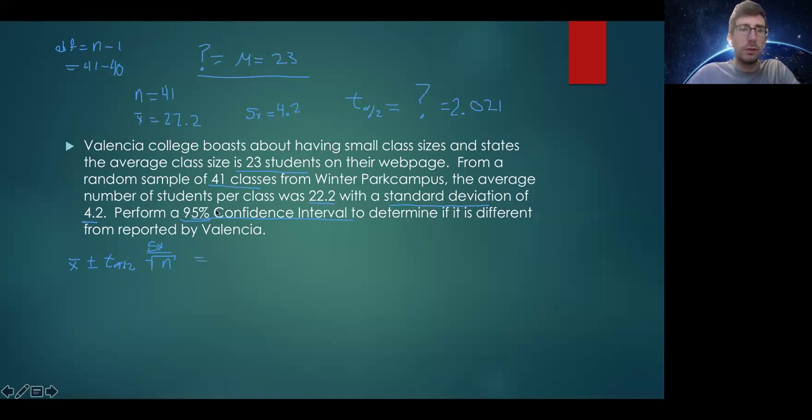We have all of this information from our problem, so it's really just finding that t-value and then plugging in everything else and doing the arithmetic. That t-value we found was 2.021, and we'll multiply it by our standard deviation, 4.2, divided by the square root of 41, which is our sample size.